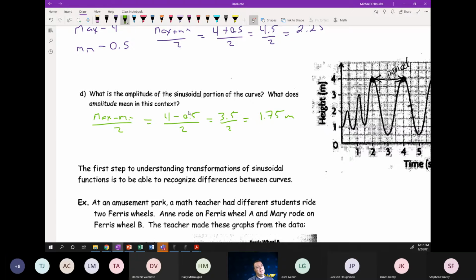What does that mean in terms of our jump?